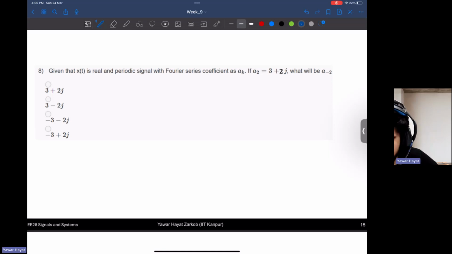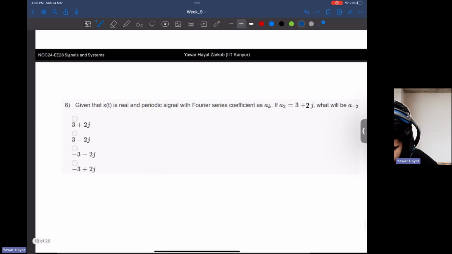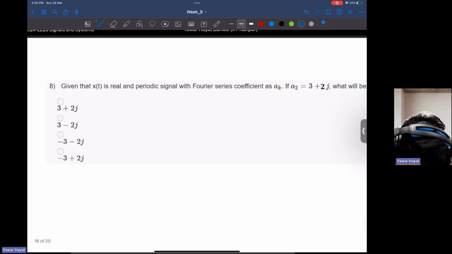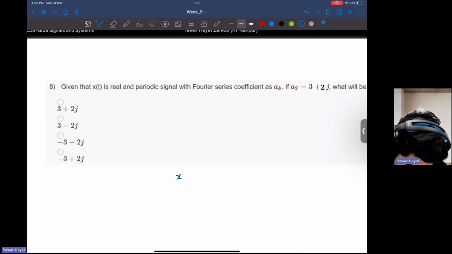If a2 is equal to 3 plus 2j, we need to determine a minus 2. So we'll proceed for this one as follows.